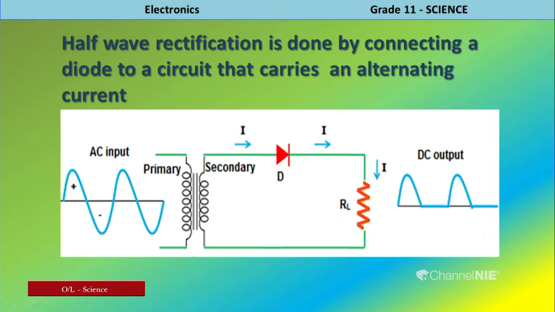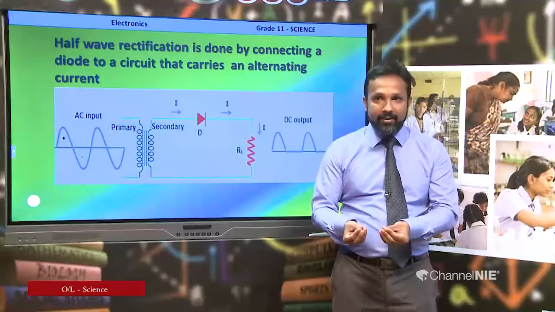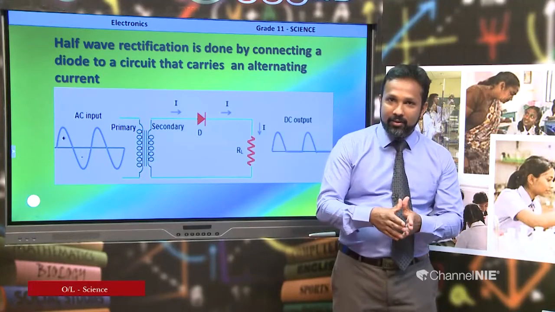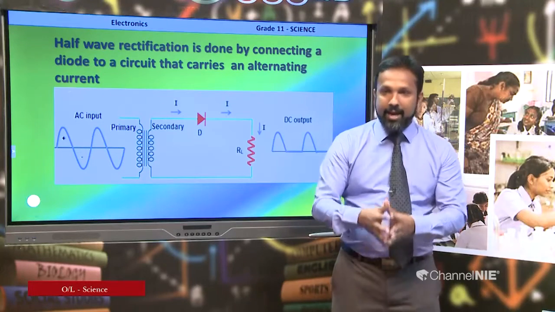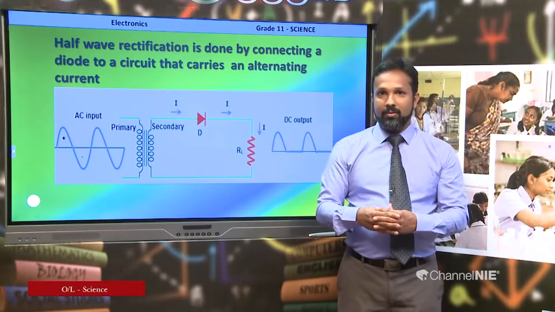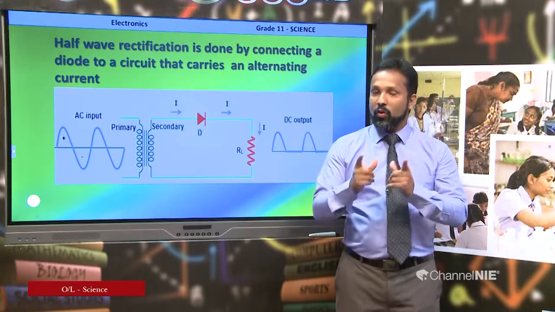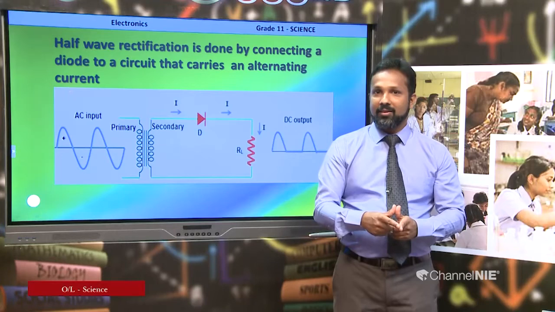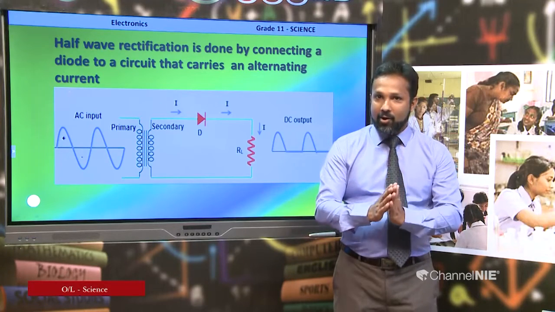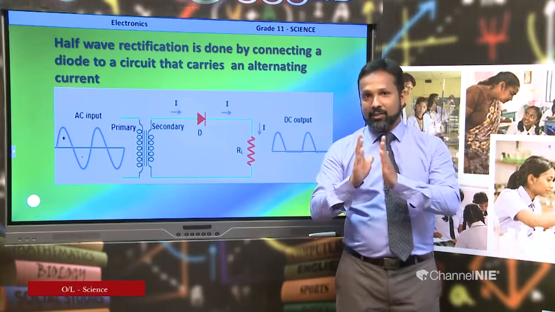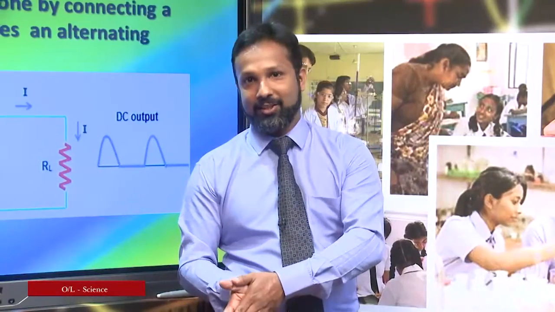Can you remember, my dear children, what did we do earlier? We connected a diode to the dynamo. In that instance, what happened? The galvanometer indicator deflects only to one direction.